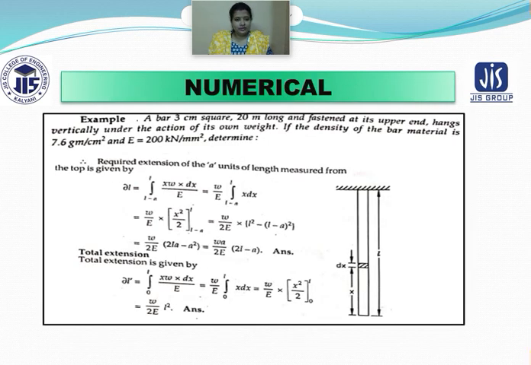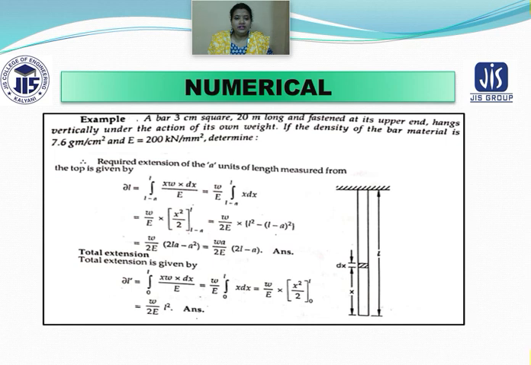In this numerical, you can see the question that has been given to you: a bar of area 3 centimeter square, 20 meter long and fastened at its upper end, is hung vertically under the action of its own weight.